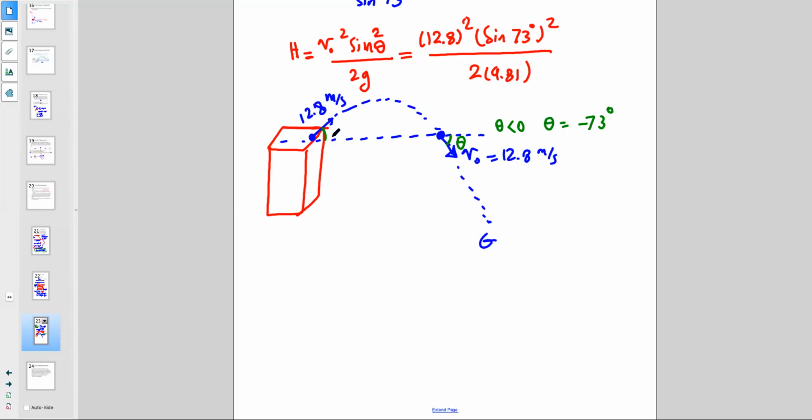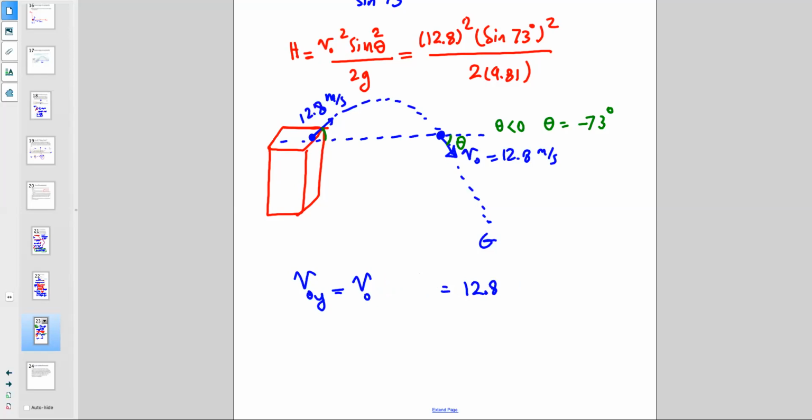Okay, so let's find the initial velocity along the y direction. Along the y direction, v0y is v0 sine of 73 degrees. It's actually sine, not cosine.